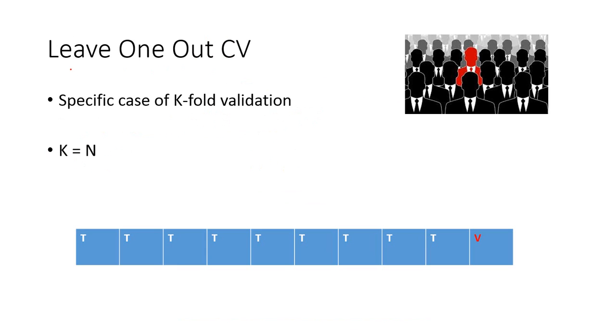The next one is the leave one out cross validation. It is a special case of the k-fold cross validation when k equals n. So n is nothing but the number of data points in your sample.